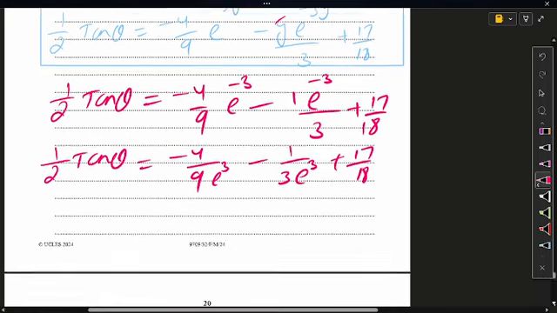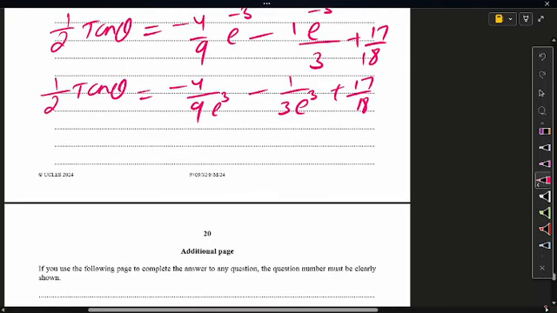You have to express in terms of tan theta. So just multiply 2 onto the other side. That becomes tan theta, which is equal to minus 4 by 9 e cube and minus 1 by 3.